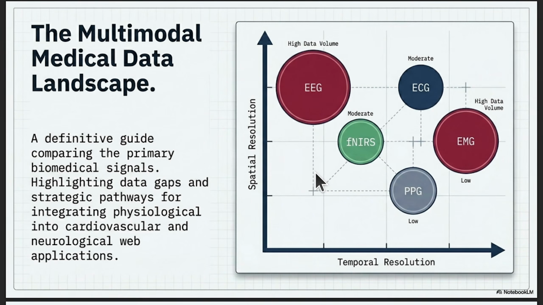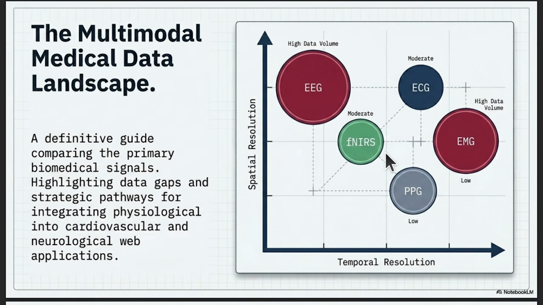What else? Ooh, temporal resolution. Is this even accurate? So you have EEG, ECG, fNIRS, EMG, PPG, low spatial resolution. I don't know if it's accurate or not. So it's not meant to be taken at face value, is it? It's just for illustrative purposes.